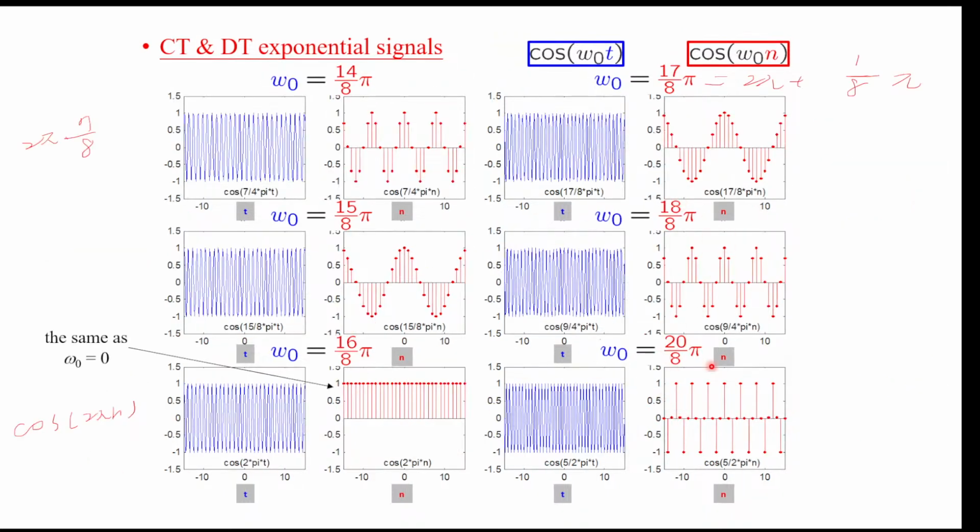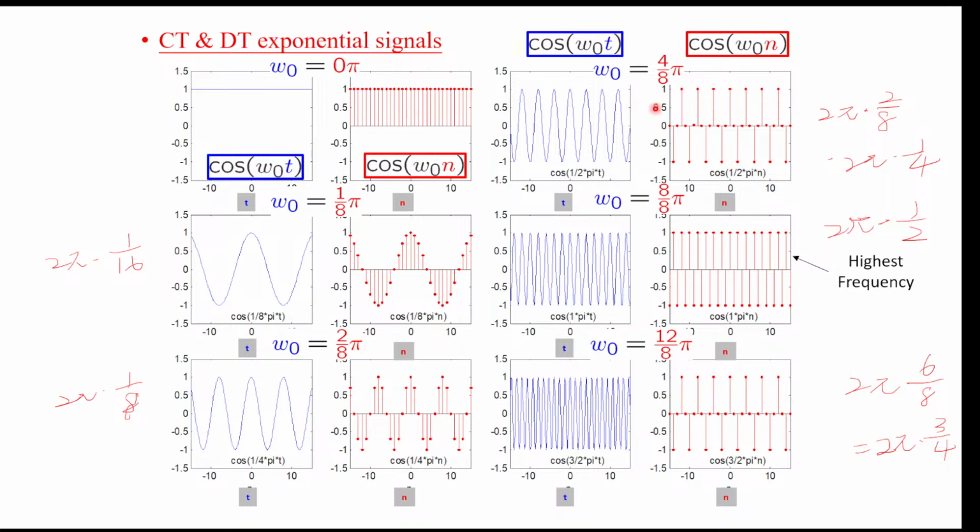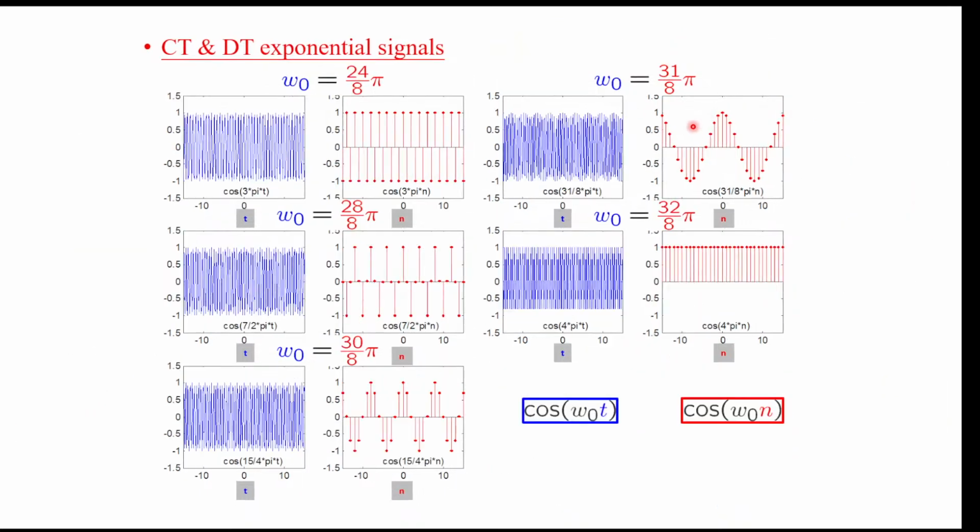And this 20 pi over 8 signal is the same as this 4 pi over 8 signal, and finally this 24 pi over 8 signal, which is a 3 pi signal. Once again, we have highest frequency. The signal just goes 1, minus 1, 1, minus 1, etc. And we have 20 pi over 8.